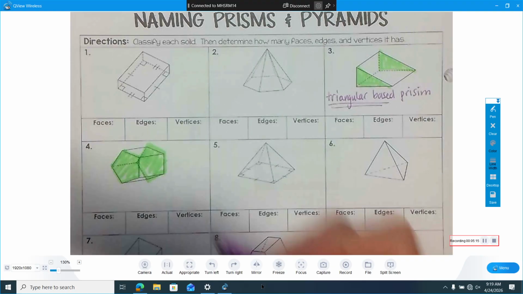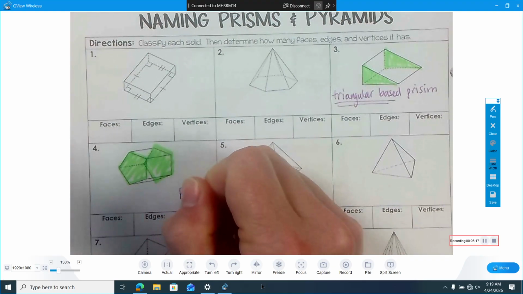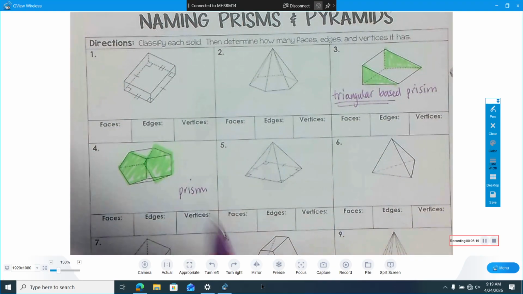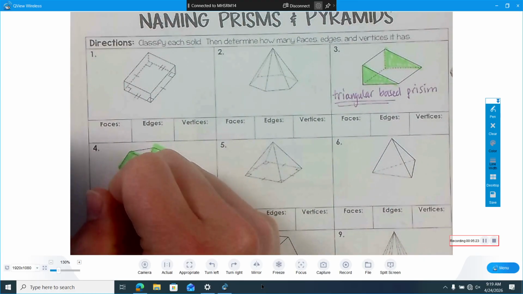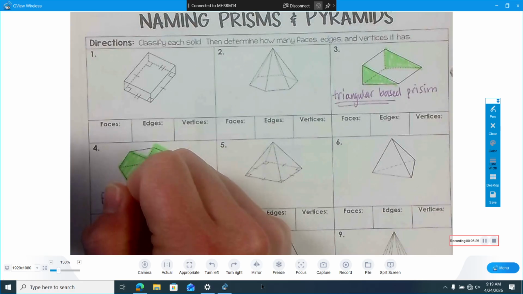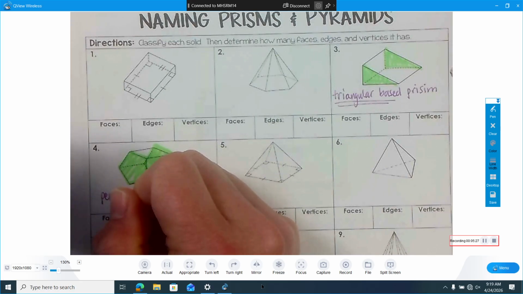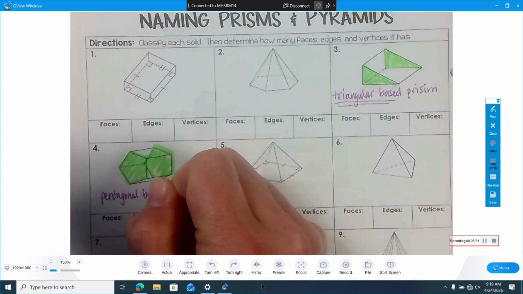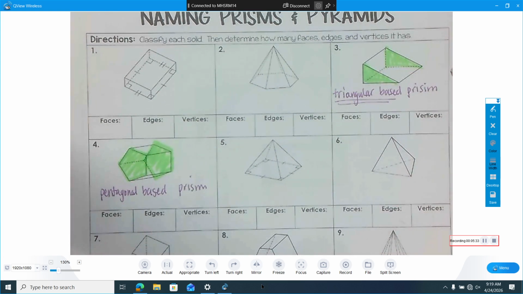So again, it is also a prism, and the pentagon, five-sided, so this is a pentagonal, P-E-N-T-A-G-O-N-A-L, pentagonal-based prism, okay? We use those bases to name our prisms.